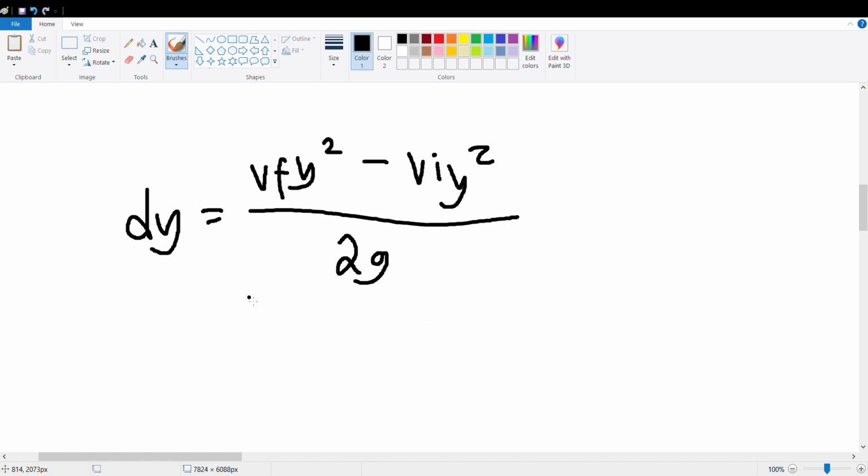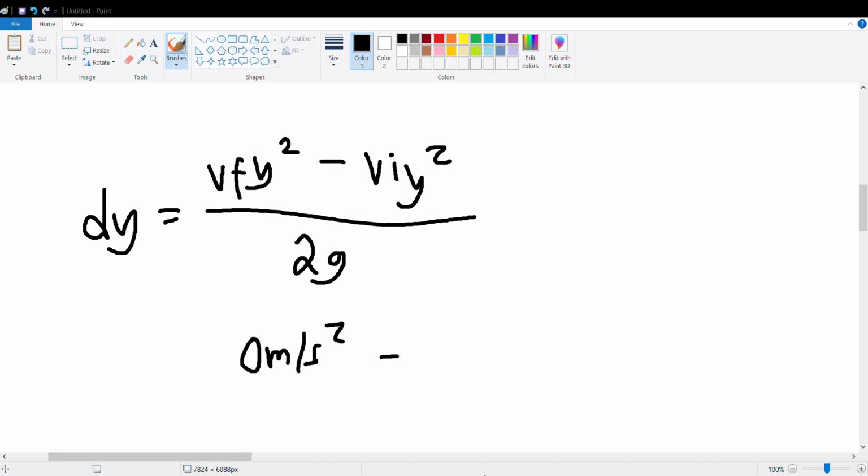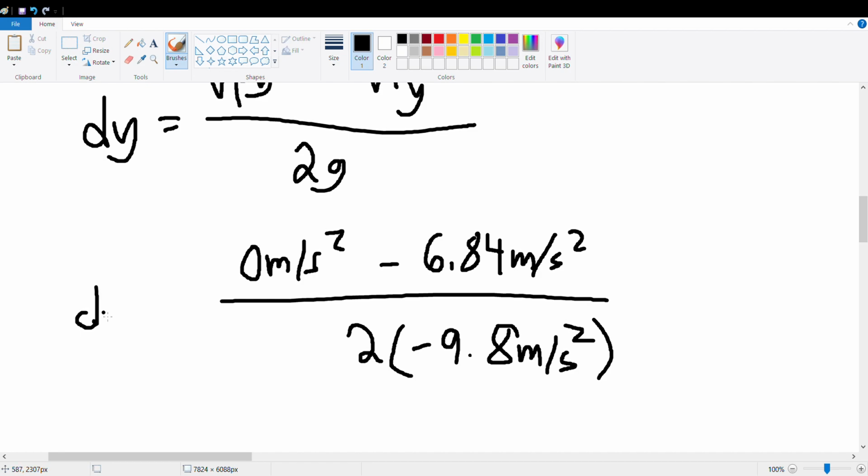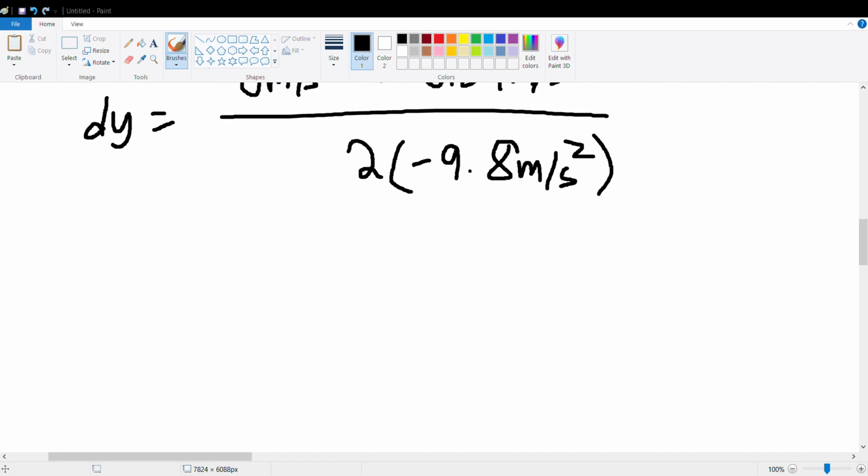So vfy is 0 squared minus viy is 6.84 meters per second squared over 2 times negative 9.8 meters per second squared. And then if we put that in a calculator, then it should give us 2.39. The dy equals 2.39 meters.